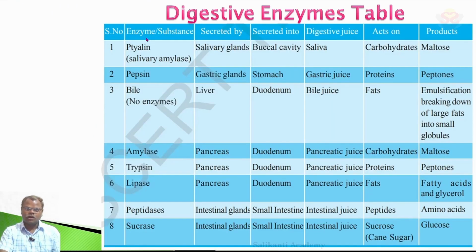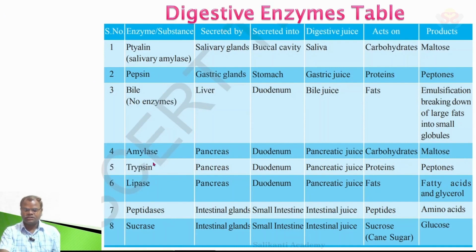Digestive enzymes table. Children, or students, observe this table carefully. By observing this table, you can easily write about digestive glands, digestive enzymes, and their actions. Ptyalin, pepsin, bile, amylase, trypsin, lipase, peptidases, and sucrase are the enzymes we have already learned about.